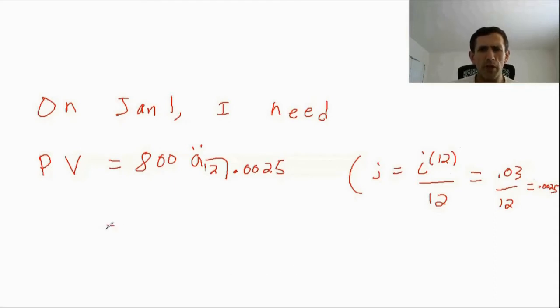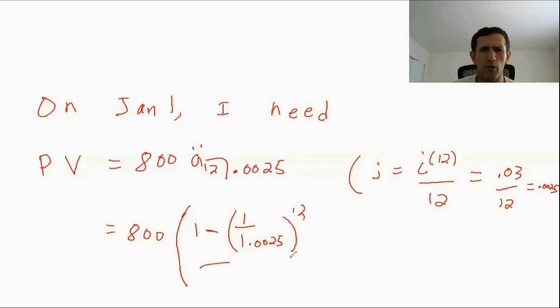Okay, so let me just plug into our formula. Just plug and chug, so there shouldn't be any issues, but just in case. So it's 1 minus my present value factor, 1 over 1 plus 0.0025 to the 12th, over 1 minus my present value factor.